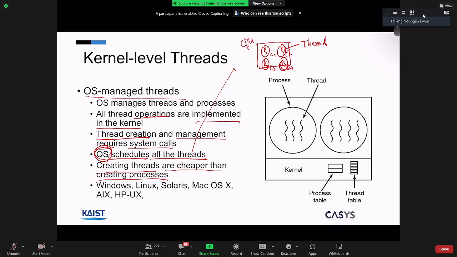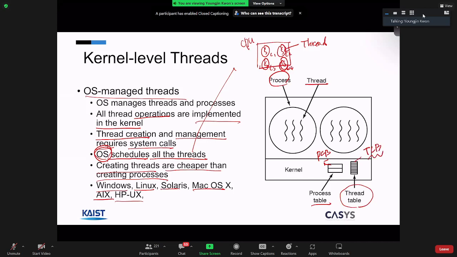Most operating systems, Windows, Linux, Solaris, macOS, and the other Unix operating systems, follow this kernel level implementation. Specifically, a process can contain threads, and this is the process table. The table has process control blocks, PCB1, PCB2, and in any implementation they are linked to this, but the kernel also maintains a thread table, which holds the thread control block, TCB.